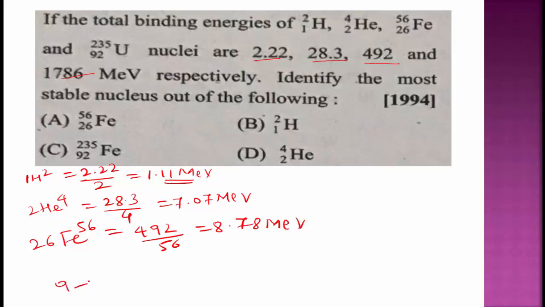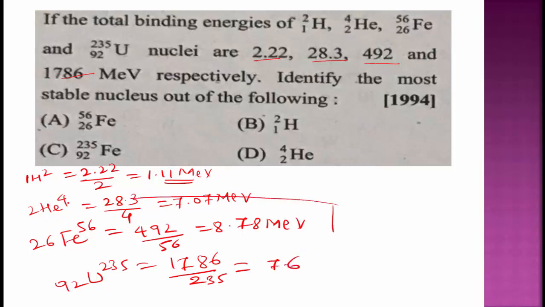And for uranium, 92U235, it is 1786 divided by 235, we get 7.6.